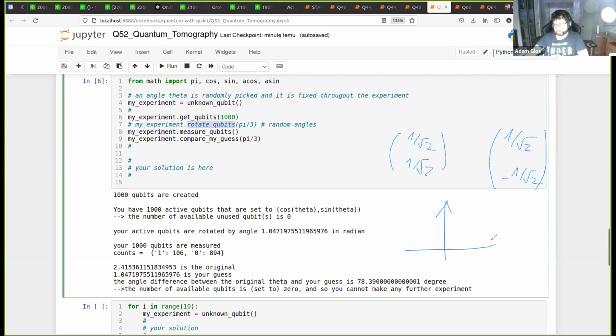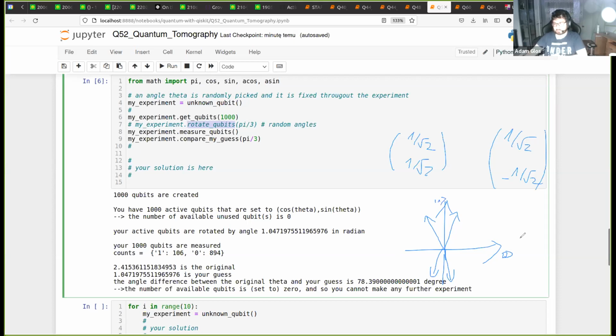So how will these states look? It will be this, this, this, and this, right? So it will always be all the possibilities reflecting along the ket 0 state and ket 1 state, right?